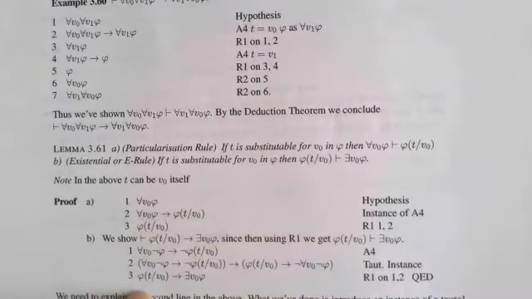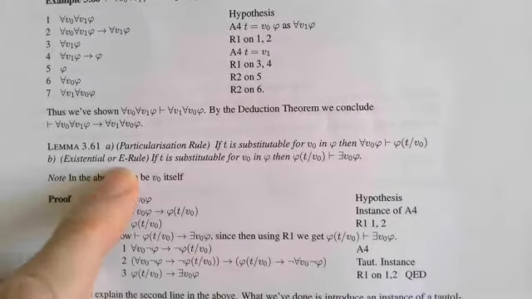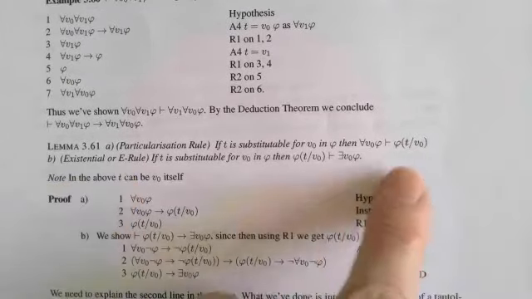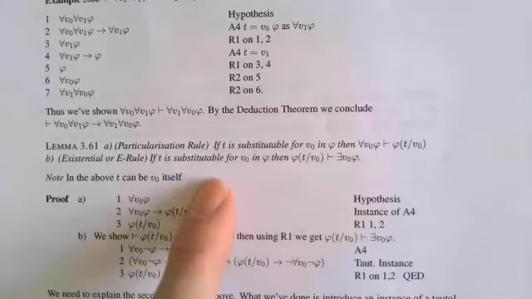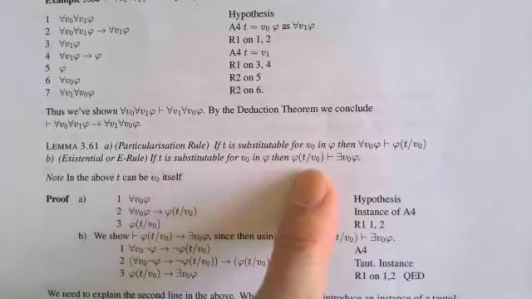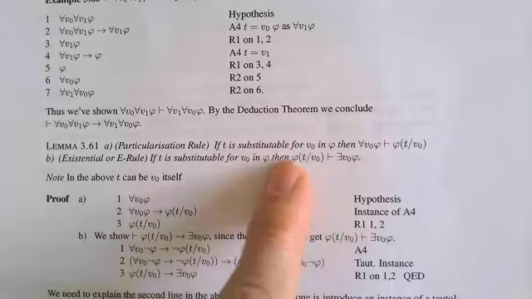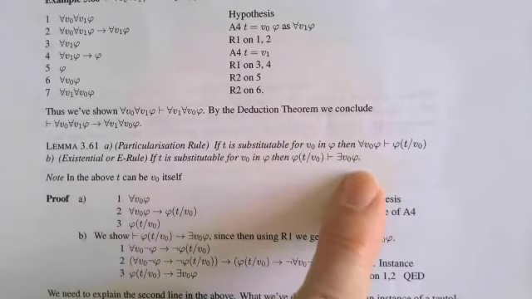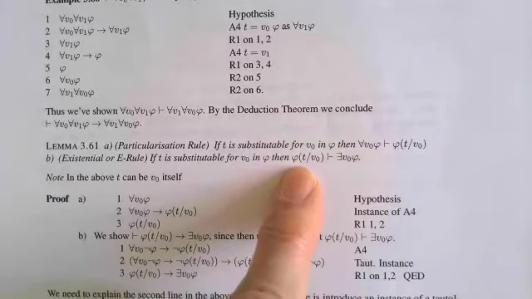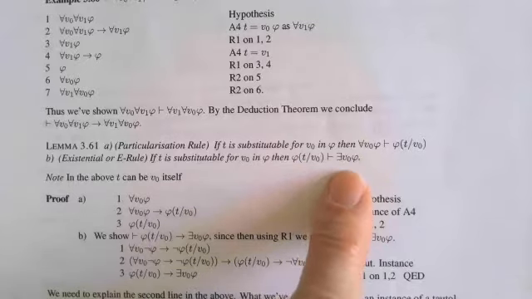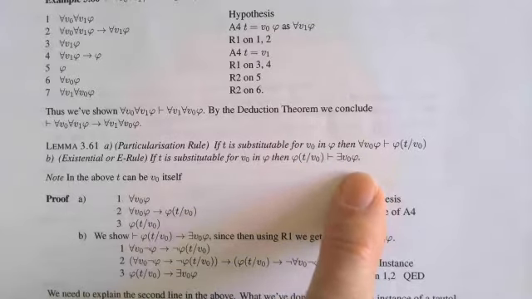There's a slightly more complicated E rule or existential rule, which is not exactly a converse, but it says if I've got a term I can substitute in for the formula, whenever this is true in a structure, I'd like this to be true in the structure. And it would be, because the interpretation of the term is the thing that makes phi true. So there does indeed exist something that makes phi true.